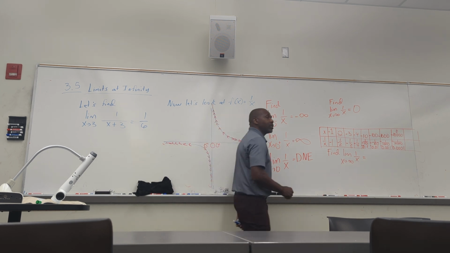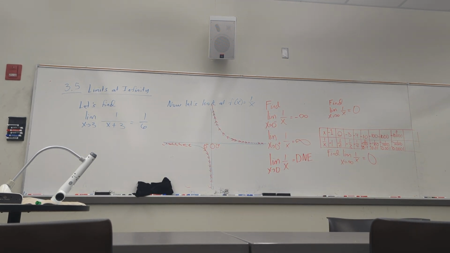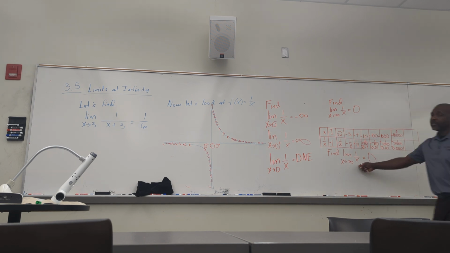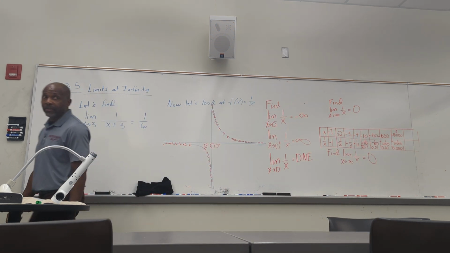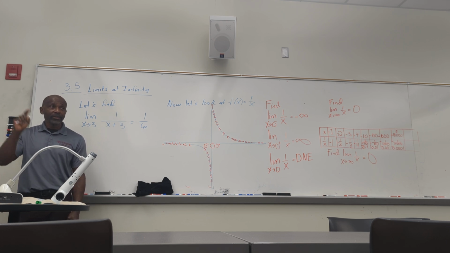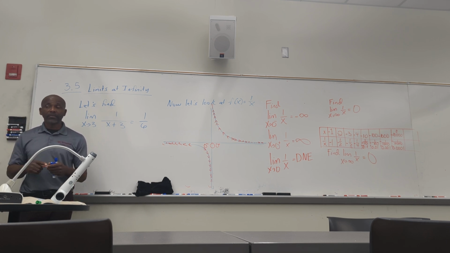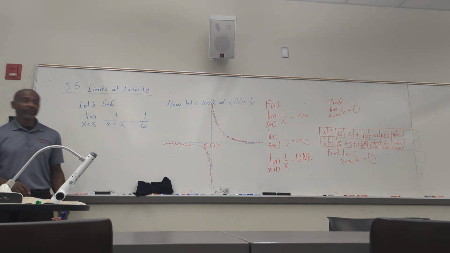It's going to 0. So therefore, class, if the denominator gets larger and larger, the fraction has to go to where, class? 0. Did we have this earlier this year already? If the denominator gets larger and larger, the fraction has to go to 0.